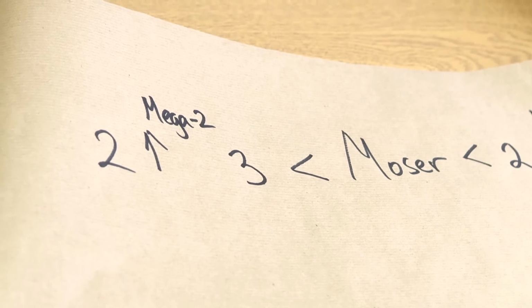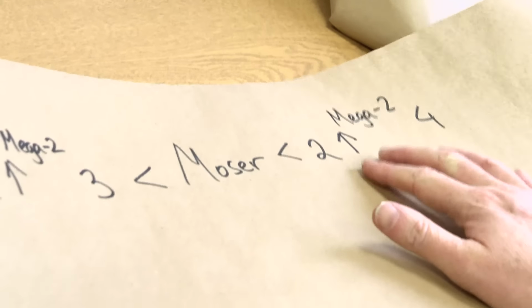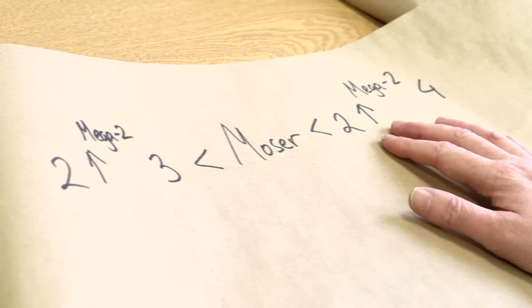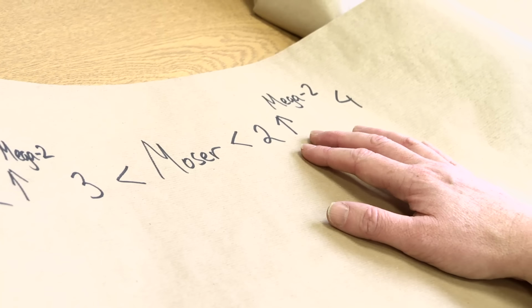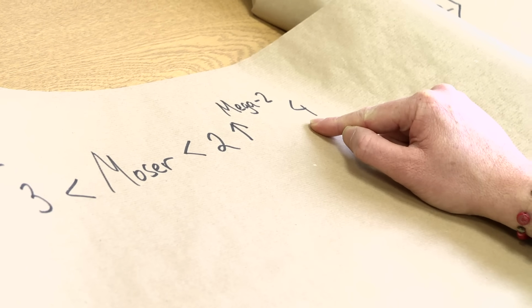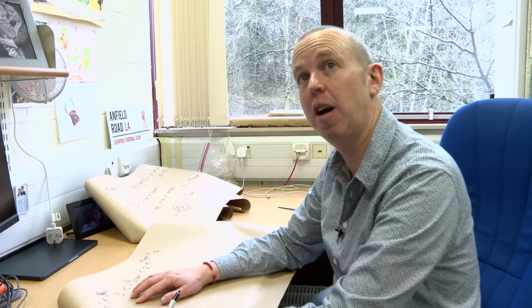So what does this even mean? This is the arrow notation again, which we discussed in Graham's number. Every time you add an arrow, you do a repetition of the process below. So what we've got here is 2, and then there's loads of arrows. In fact, there's almost a mega number of arrows. These numbers are huge. This shows you how big a Moser is.